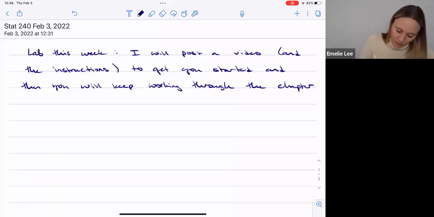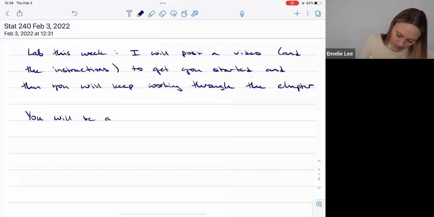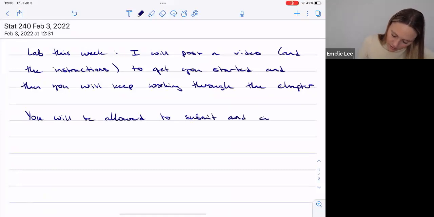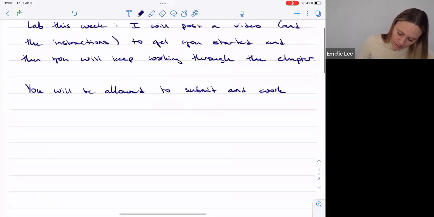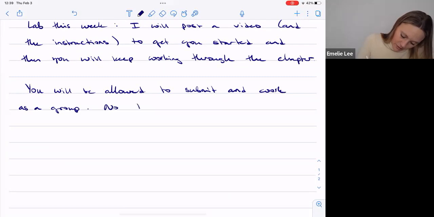So you will be allowed to work and submit as a group, with no limit to group sizes.